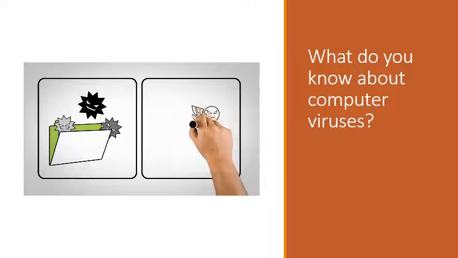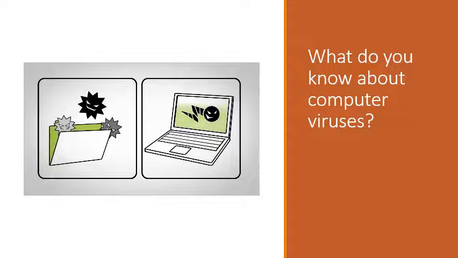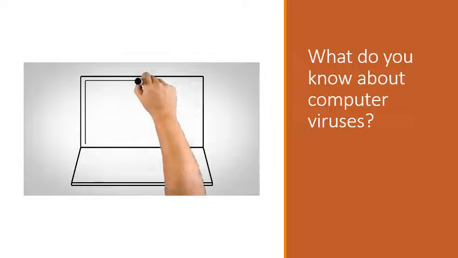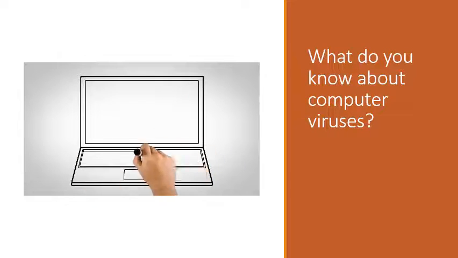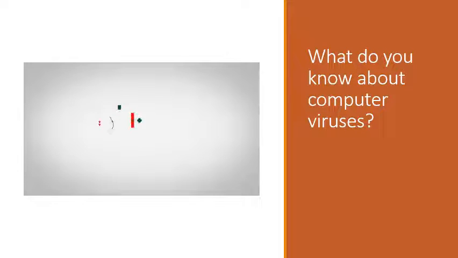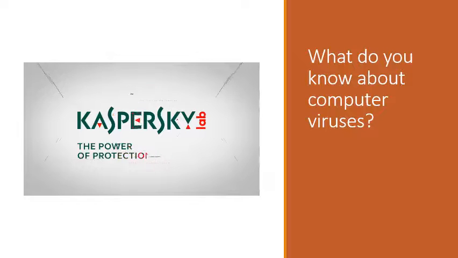Worms are a standalone software and do not require a host or human help to spread. The best way to protect your system from malware is to keep your operating system clean by downloading regular patches, updates, and making sure that your computer is protected by the latest antivirus software from a trusted vendor.